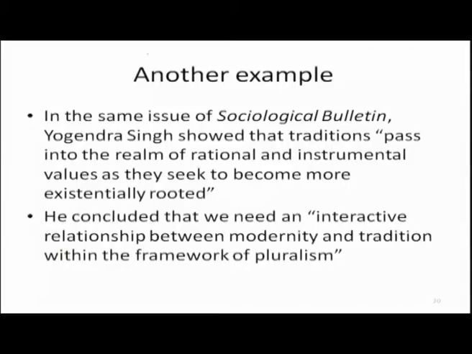Now, these rational and instrumental values are considered to be the center of modernization, economic development, rationalization, and Yogesh Singh is trying to say that tradition and modernization are not two independent things. He concluded that we need an interactive relationship between modernity and tradition within the framework of pluralism.